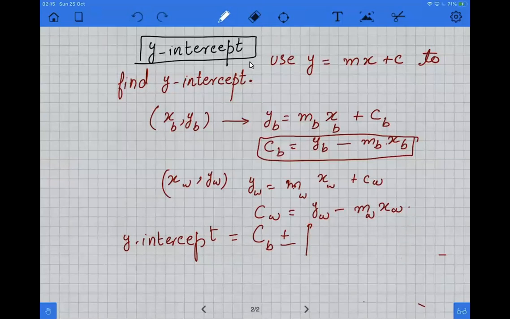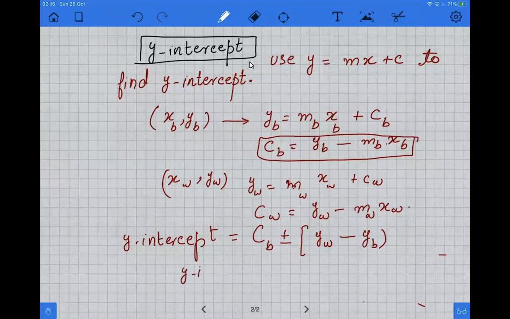So y-intercept of worst, the answer would be written as C best plus minus the difference. That is worst minus best. So this would be your y-intercept.